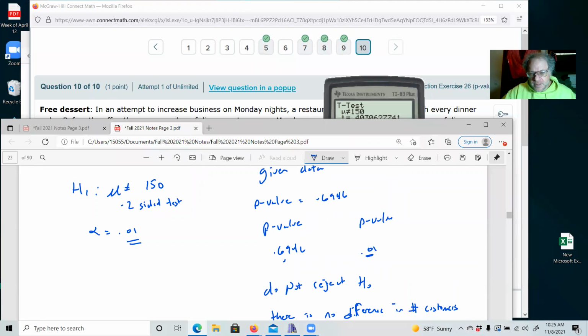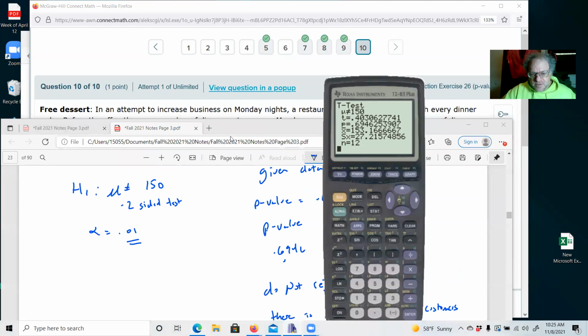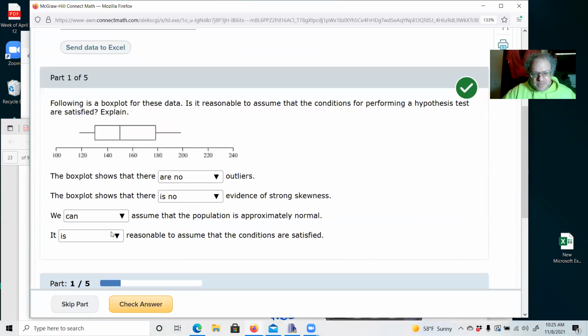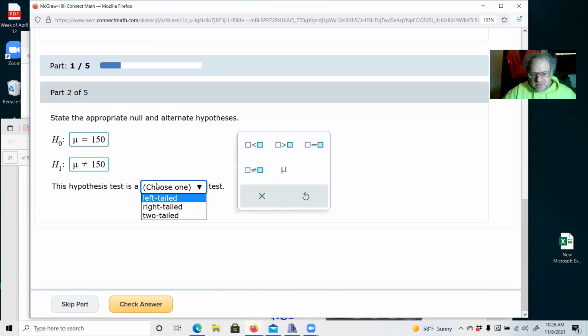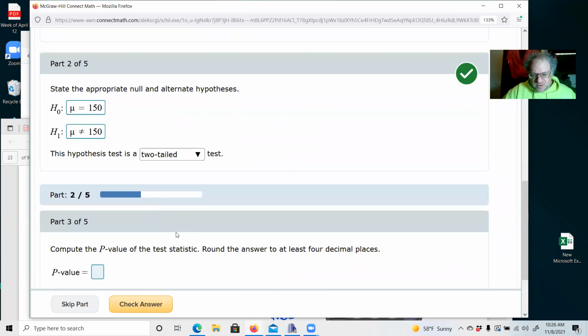Okay, so let's go ahead and have a look at what's going on here. Mu is equal to 150, and our alternative is mu is not equal to 150. The hypothesis test is a two-sided test. We didn't know what was going to happen, either more or less.